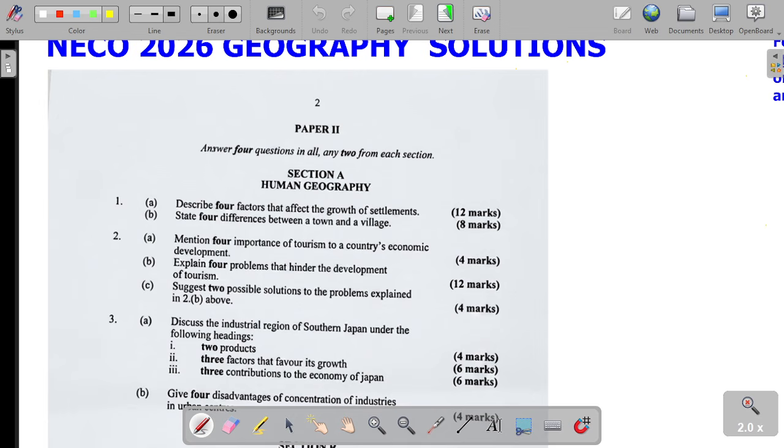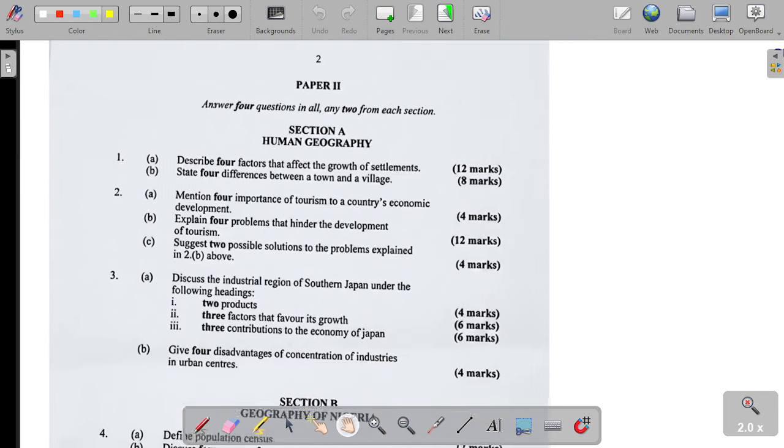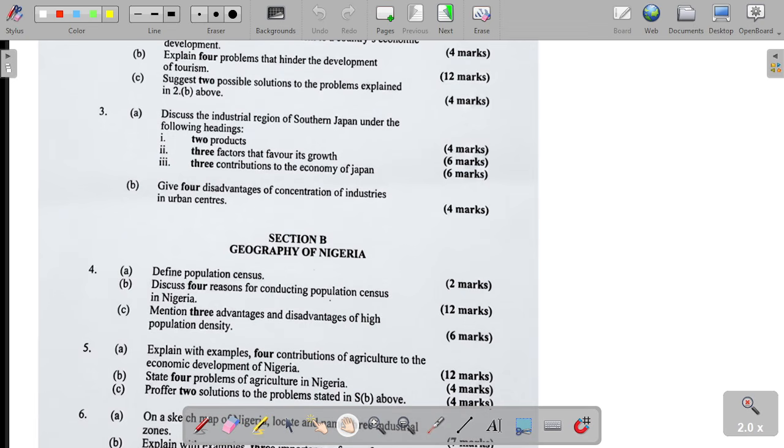So let's go straight to number 3. You have to answer 4 questions, 2 from each section. Okay, let's stop it there. Let's go to the next section, which is number 4. You have to answer 2 from number 4 also.